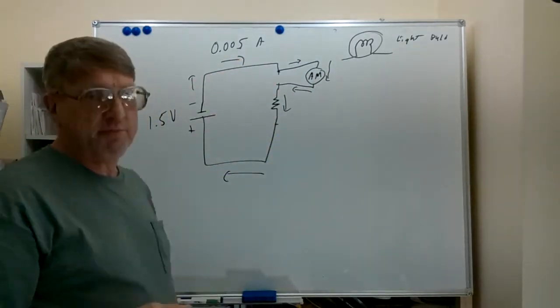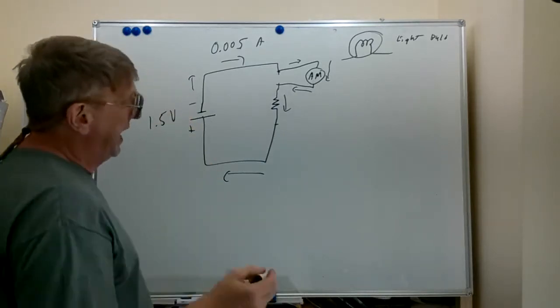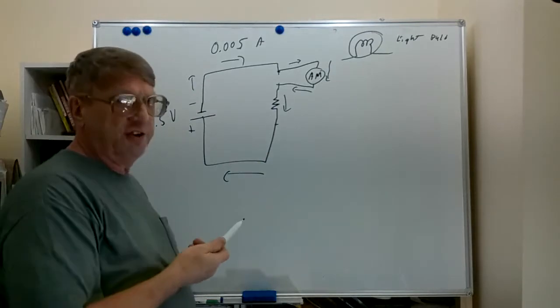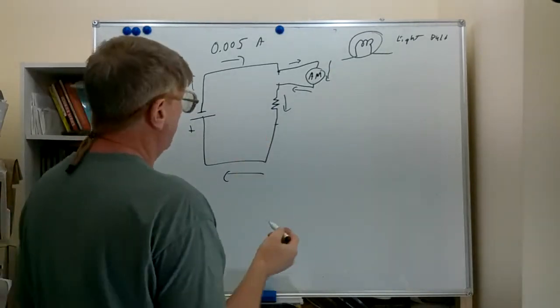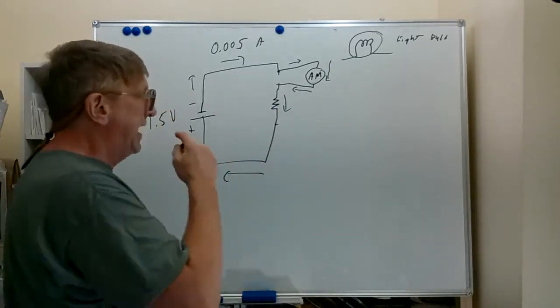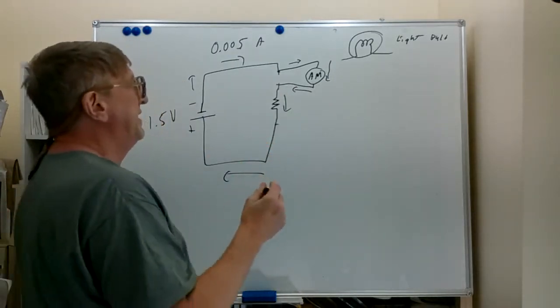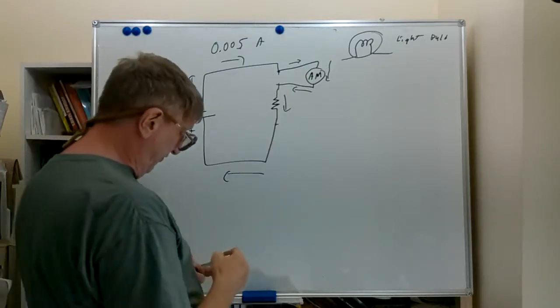So now the amp meter becomes part of the circuit. Amp meters are designed with very, very low resistance, so they don't change the circuit significantly when you put them in the circuit. But to measure amperage with a conventional ammeter, you have to break the circuit and make the ammeter part of the circuit.